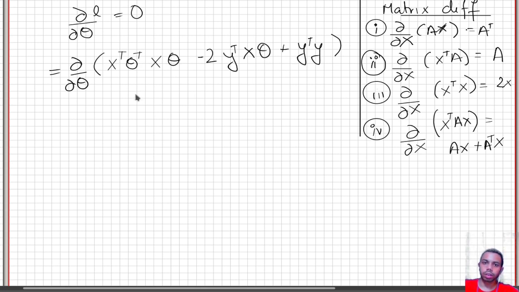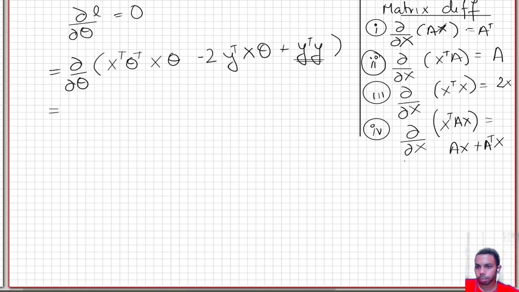All right, now I'm going to just do this very simple stuff over here. We have written down these laws, so let's use them. First, y transpose y is independent of theta and the derivative goes to 0.